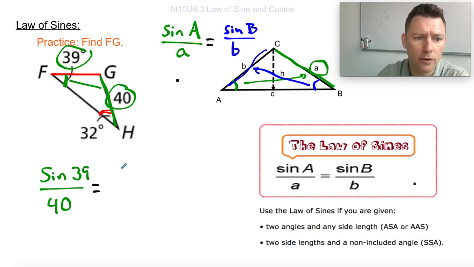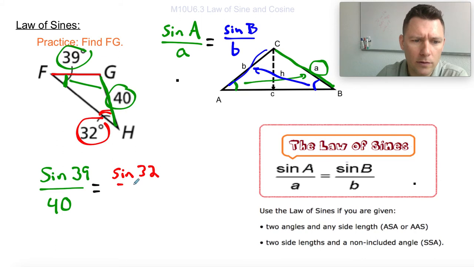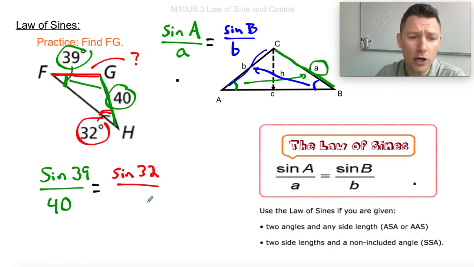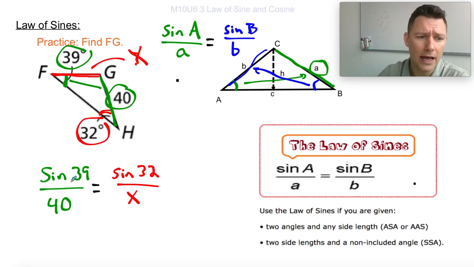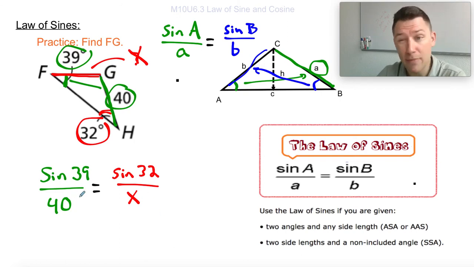So sine of 32, divided by the length across from it. This one I don't know, call it FG, call it x. Now we've got a proportion, because this divided by that equals that divided by that. There are many ways to solve it. I like to solve it like this.